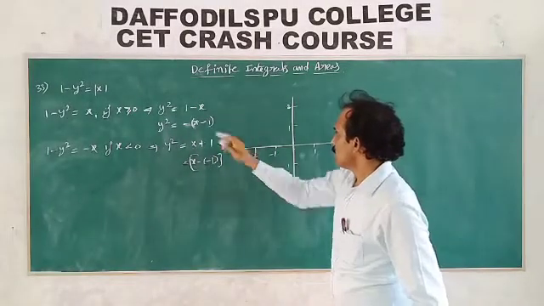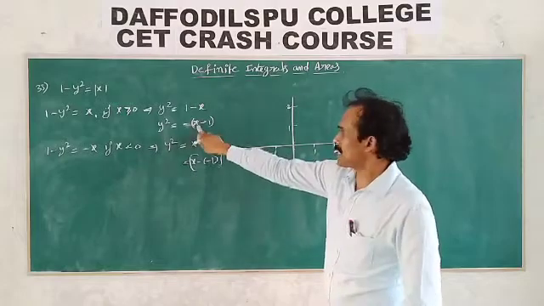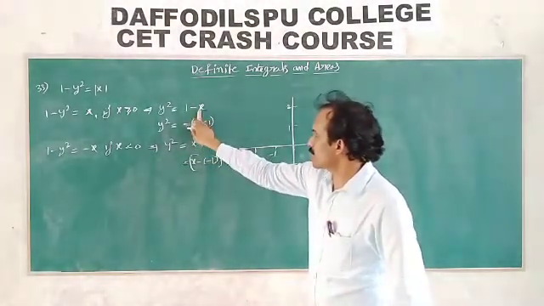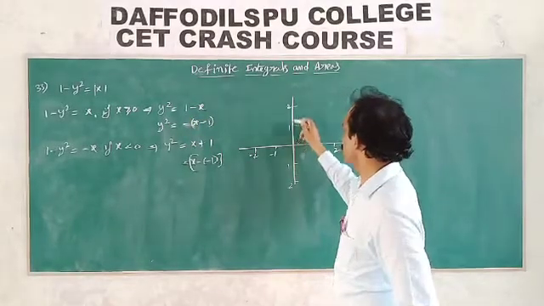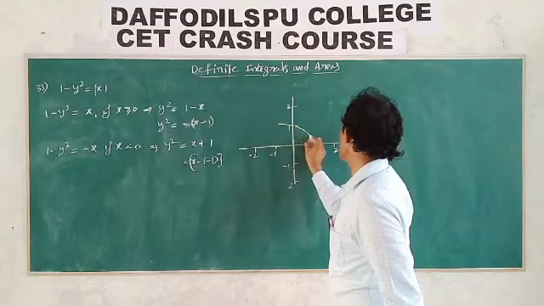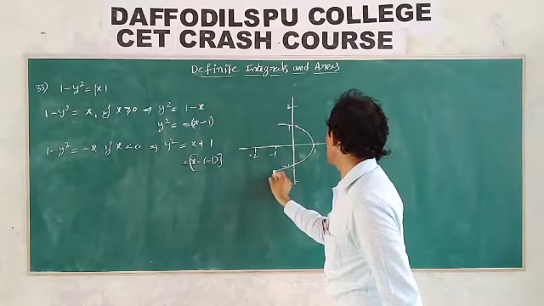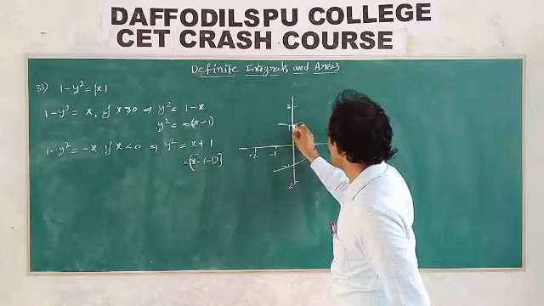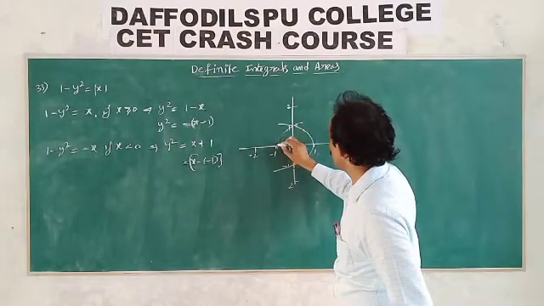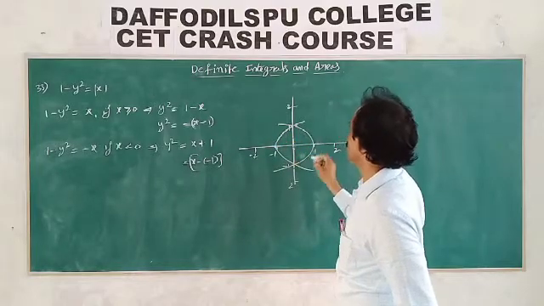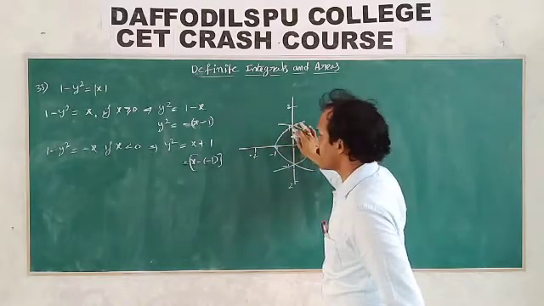For this curve, if x is equal to 0, the y value is plus or minus 1, and everything is fine. So like this, it opens to the right side.